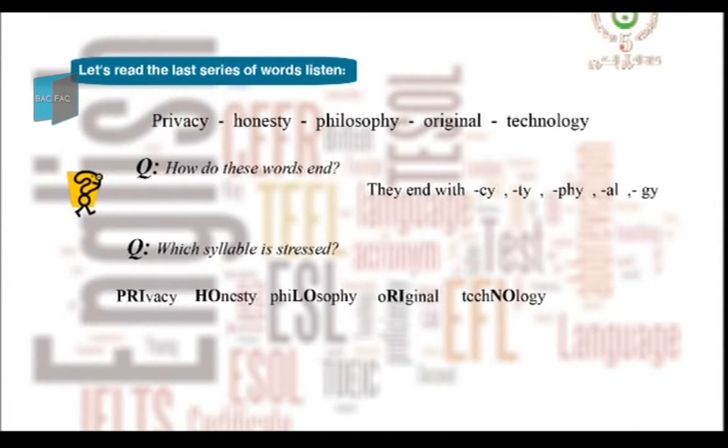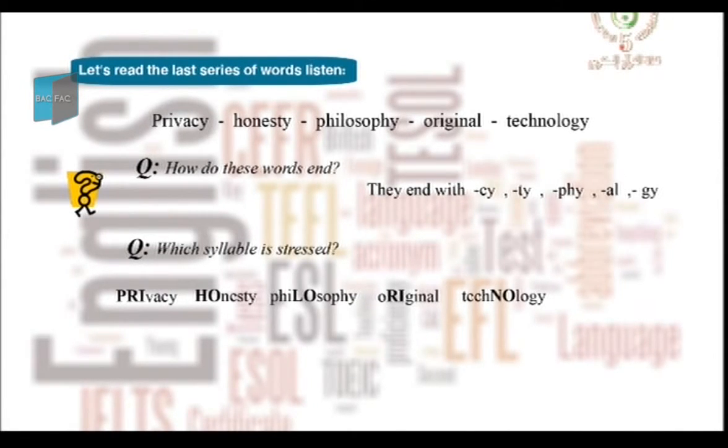Which syllable is stressed in these words? Listen again. Privacy, as you can see, the stress is in bold type. The stressed syllable is in bold type. Privacy, honesty, philosophy, original, technology. What conclusion can we draw?